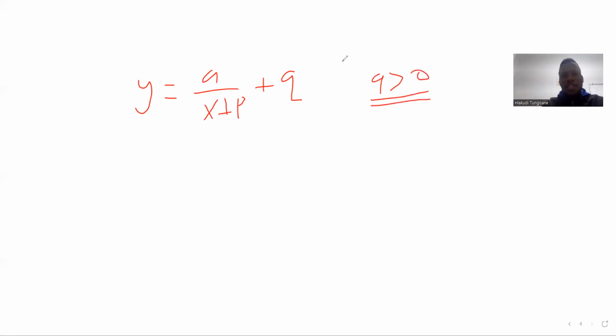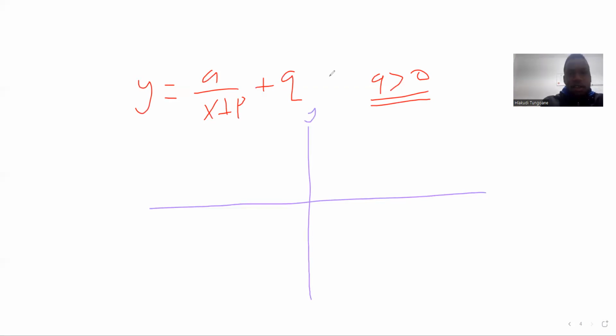Okay, so if we look into our graph, suppose we have the graph y equals A over x plus P, plus Q. If we look into the shape, suppose A is positive. So if we draw this graph, this is the Cartesian plane, this is y, this is x.